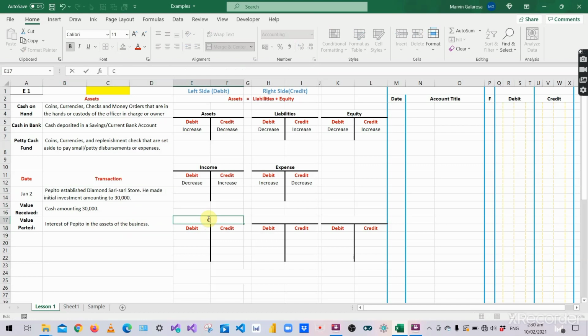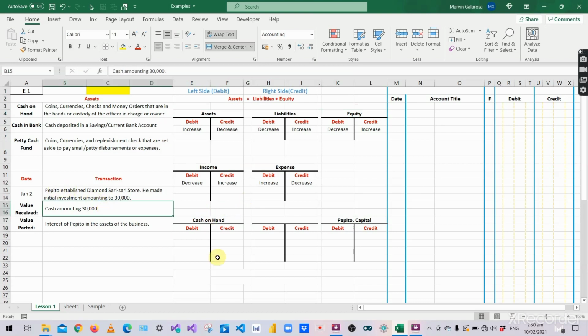Una muna ay cash on hand. Sunod ay para sa Pepito capital. Ang cash on hand, under siya ng assets. Ang Pepito capital, under ng equity.